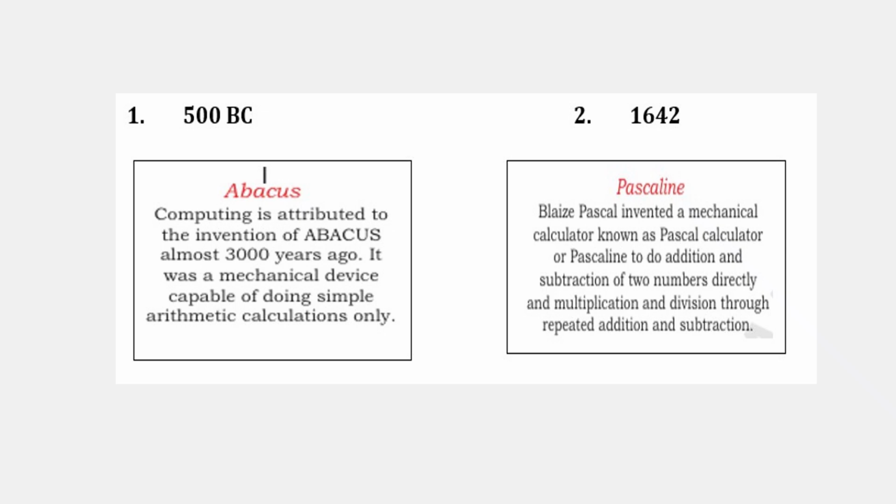Think of it as the first sophisticated odometer. This Pascal machine, also known as the Pascal calculator, was capable of addition and subtraction of two numbers directly, and also multiplication and division through repeated addition and subtraction. This is the second computing device.